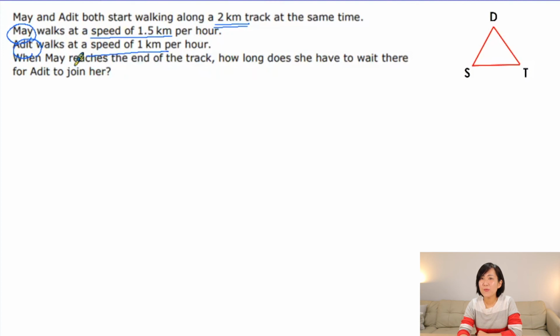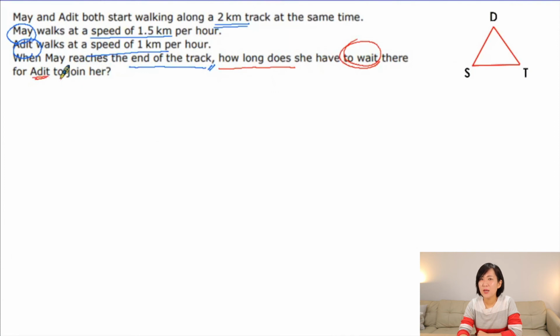When May reaches the end of the track, how long does she have to wait there for Adit to join her? Now, let's underline our important bits. So, the total journey is 2 km. Then the speed of May is 1.5, and Adit has a different speed. Definitely, they will have a different time to finish their journey, right?